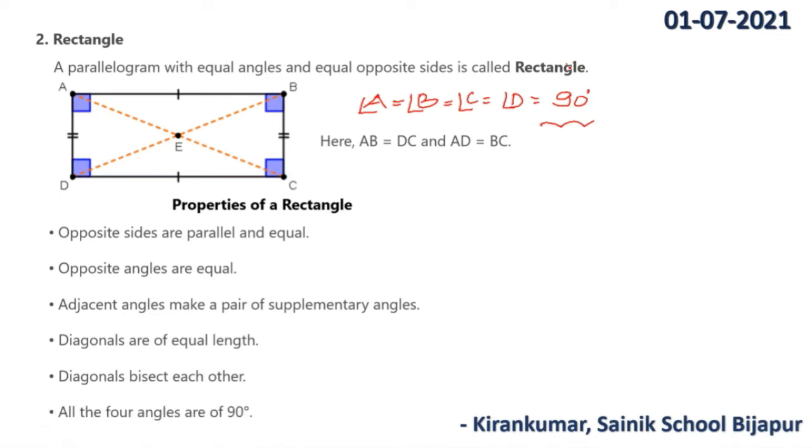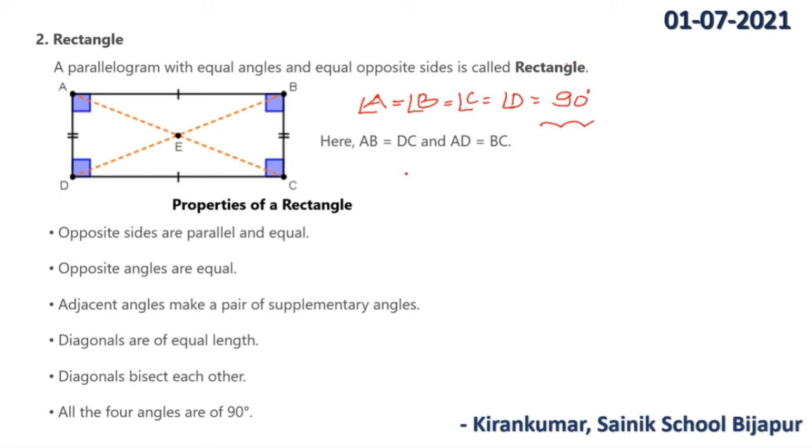Each of the angles will measure 90 degrees. You must remember these properties, then only you will be able to differentiate a square from a rhombus, and a square from a rectangle.